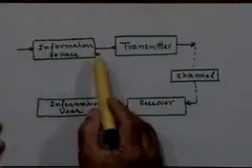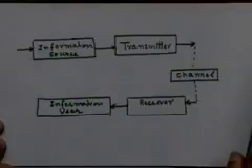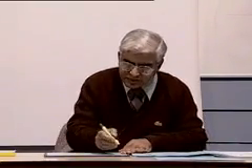Now, what I'd like to do now is spend a little more time on each of these blocks, so that you get a better feel for each of these aspects of communication engineering. Let me first start talking about the information source.